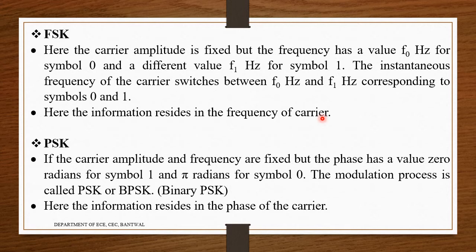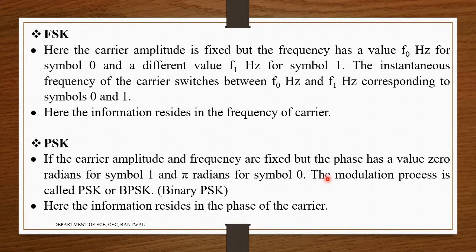Now the PSK, phase shift keying. The carrier amplitude and frequency are fixed, but the phase has a value of 0 radians for symbol 1 and pi radians for symbol 0. This modulation process is called PSK or BPSK, that is, binary PSK. If the value is 0 radians, the angle is not shifted, it stays the same, and we call that symbol 1.